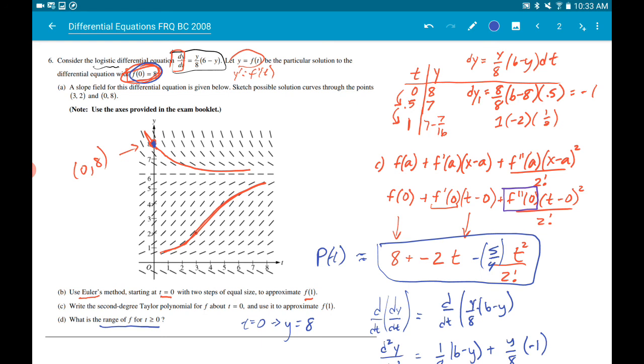It says when t is greater than 0, so I'm only looking at things to the right of the y-axis, but it's really asking me for the range of this curve. And there is an asymptote there, looks like it's 6. So I would say the range is going to be greater than 6, but less than or equal to 8. Kind of wrote it backwards there. Oops, I got that inequality wrong. The range is going to look something like this.